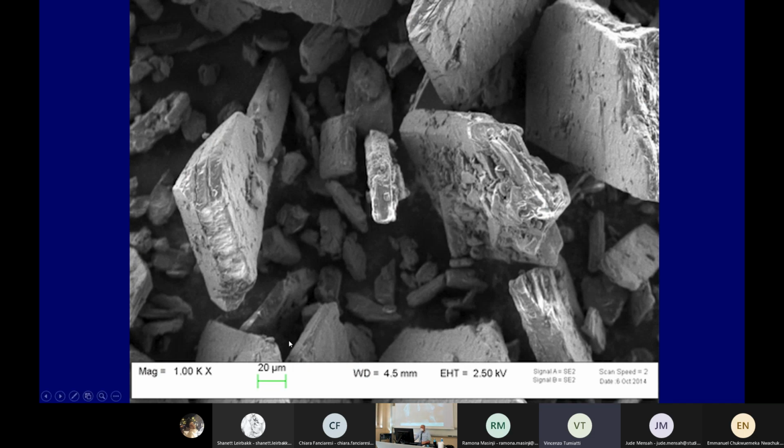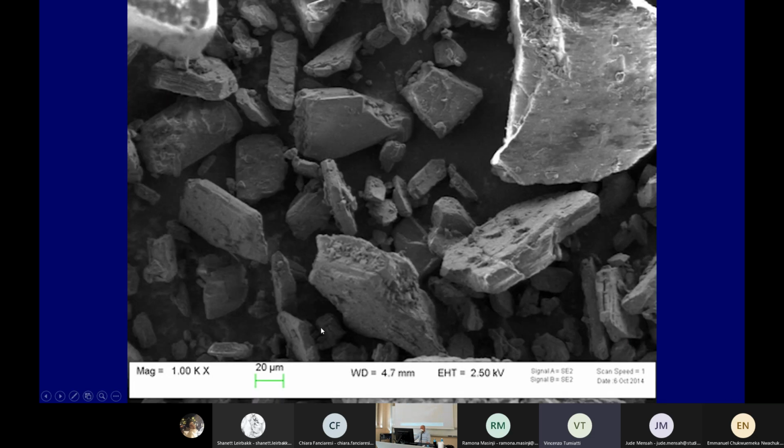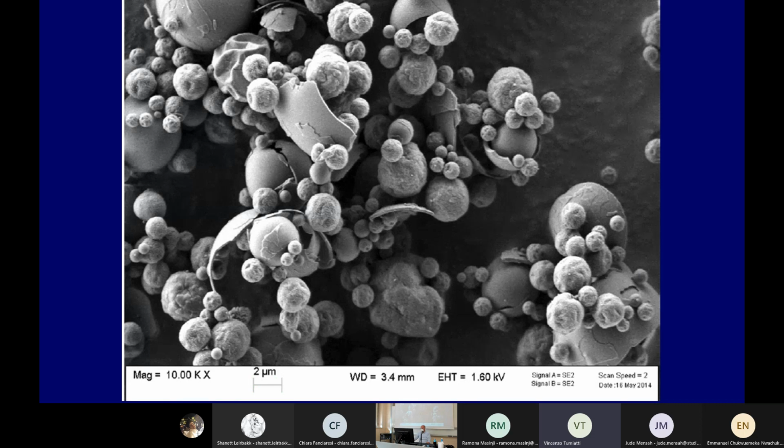Here you can see some different pictures of polymorphism, polymorph forms. You see by electron microscope. Okay. You see the different shape, same drug.